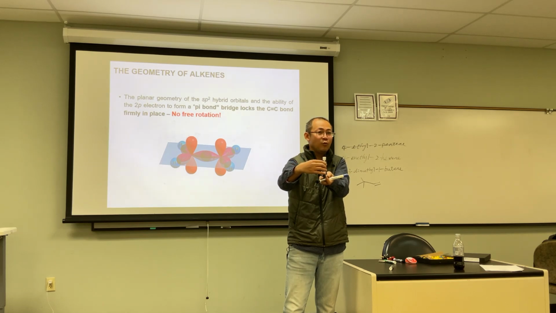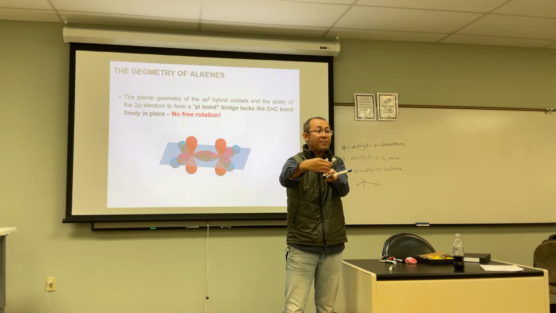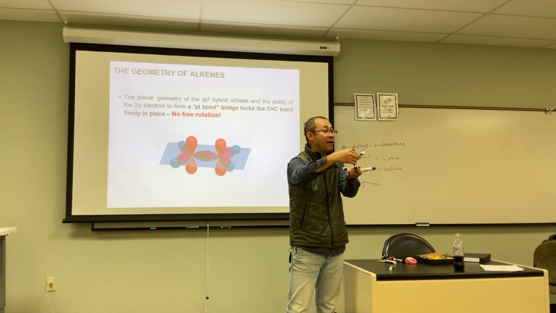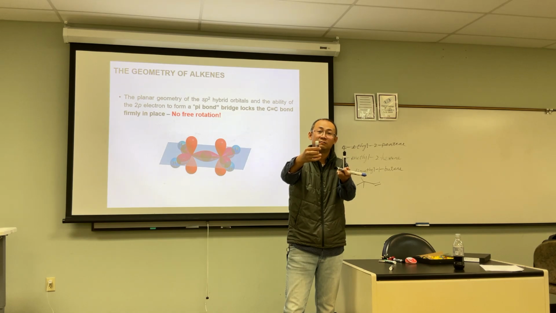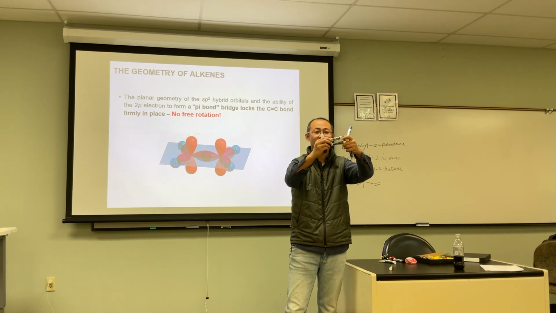What happens if you rotate? These 2 p orbitals, like pillars, will no longer be parallel. This is parallel. If you rotate, these 2 p orbitals won't be parallel. So if you rotate a double bond, the pi bond is going to break. That's why the double bond is frozen. You can never rotate anymore.